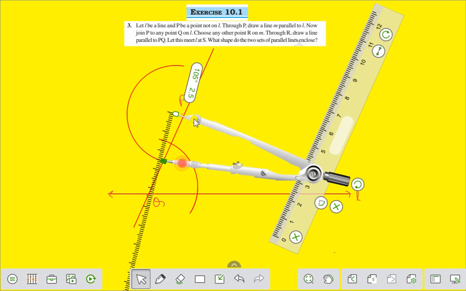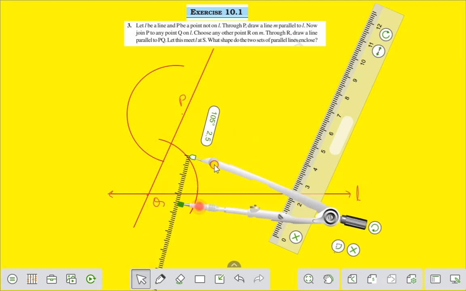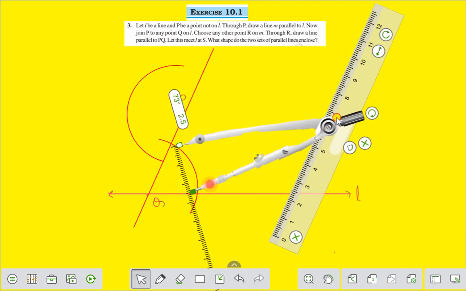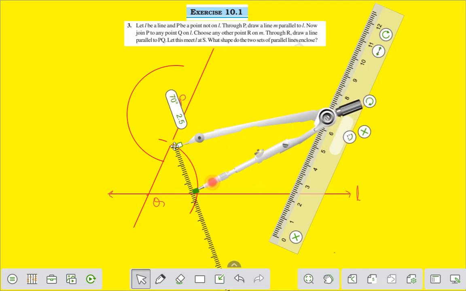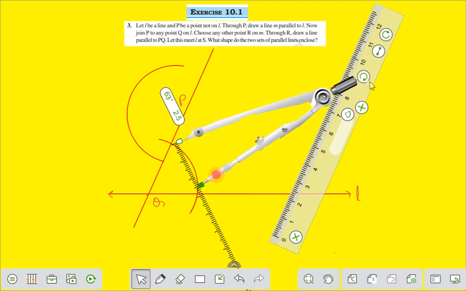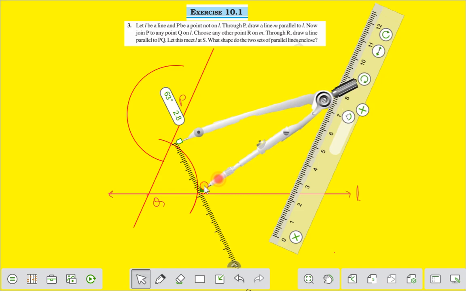Now with the help of this pointer, measure the length of this arc and take it here. With this length we can measure another angle.